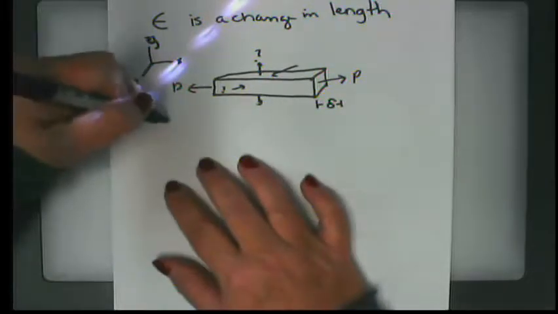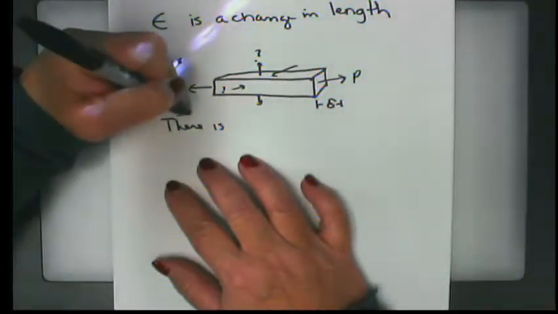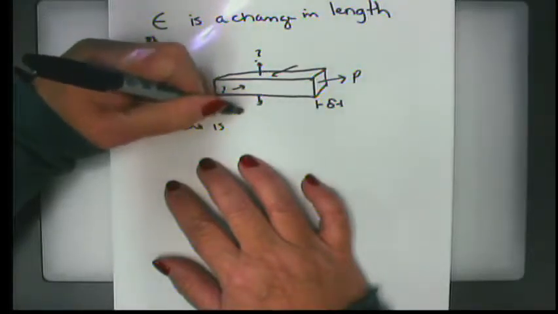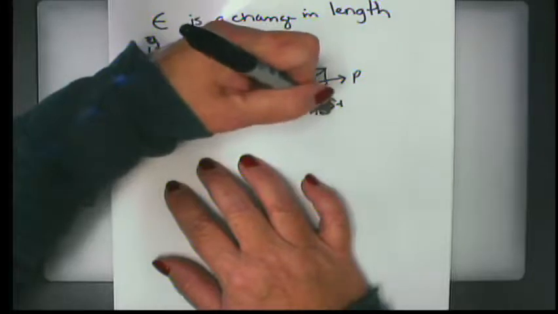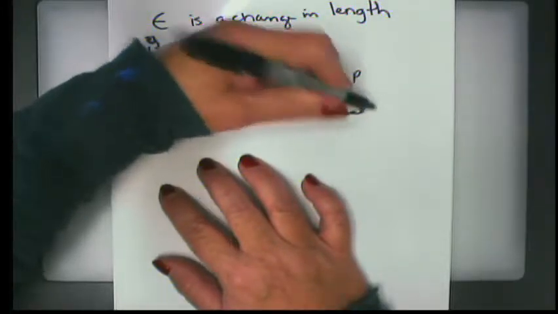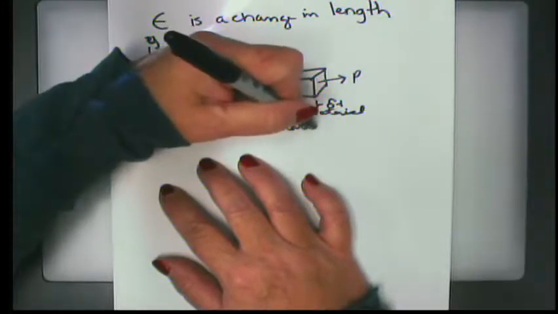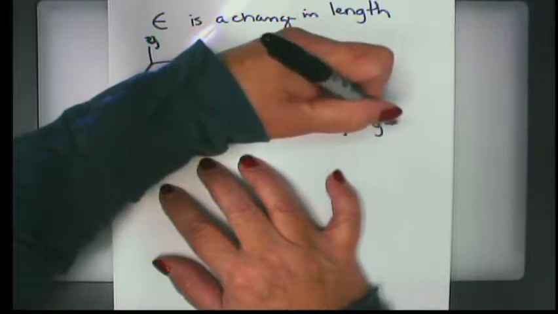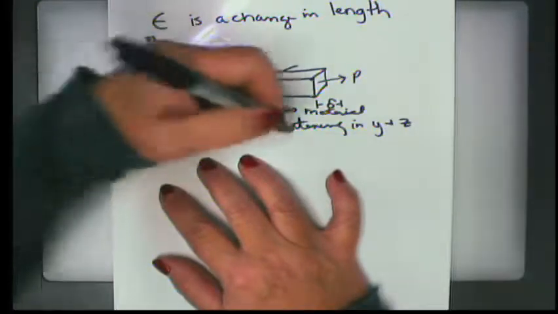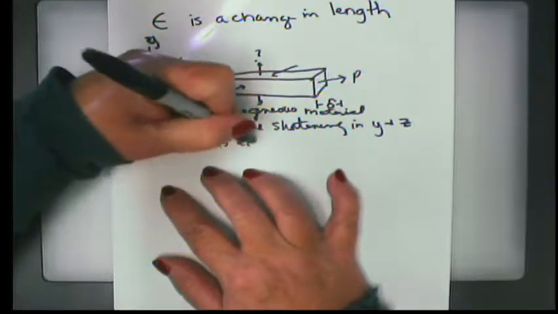So in a homogeneous material, there is some shortening in, let's just say, y and z if the x-axis is elongated.